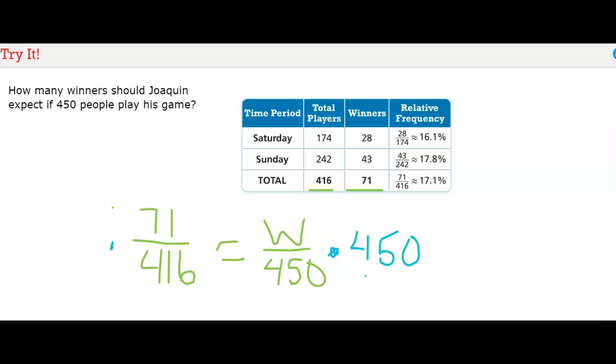The 450s cancel out on this side, and then we have approximately how many winners. So we do 450 times 71 divided by 416, which gives us 76.8, and I'm going to round that to 77 winners. So there would be approximately 77 winners if 450 people played.